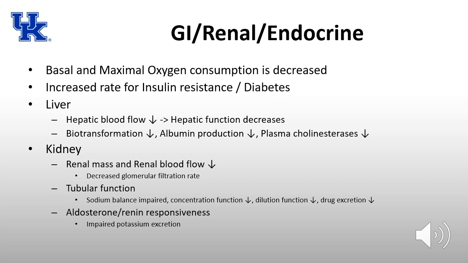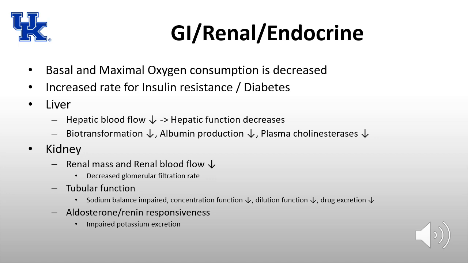So the indicators to point out: if your BMI is less than 18.5 kilograms per square meter, if your albumin is less than 3 grams per deciliter, or if there's weight loss of more than 10% within the last 6 months, all those findings are associated with an increased risk for postoperative complications according to the NSQIP AGS database.